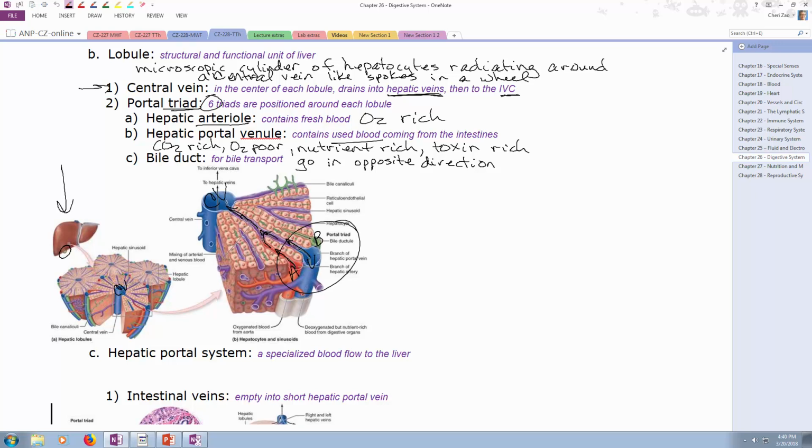And then now it's nutrient-rich, oxygen-rich blood that's going to the left atrium and then the left ventricle, to send that blood to the rest of your body. So it's an interesting way, but it's still a way that actually works. So the liver processes the foodstuffs that are going to be delivered to your body first, before the blood gets oxygenated.